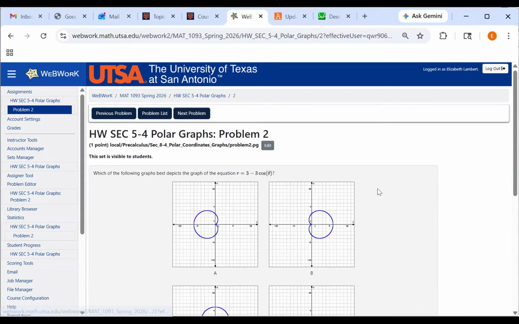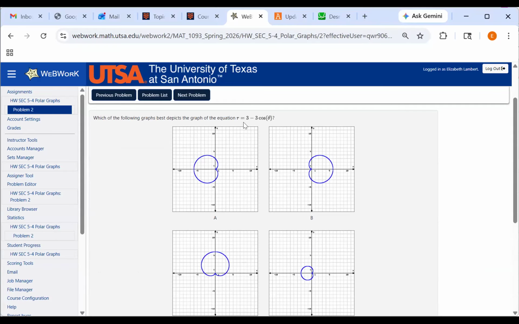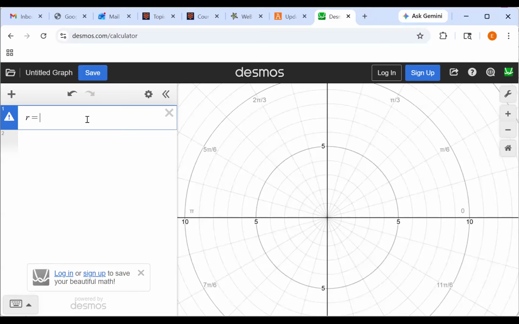Now, as I progress through, the graphs start getting more interesting. So 3 minus 3 cosine theta, I can plug in 0, but that'll be 1. 3 minus 3, I'm going to get a 0 again. And then pi over 2 will give me 3, but both A and B go through 3 comma pi over 2. So what I do is I sneak over here to Desmos.